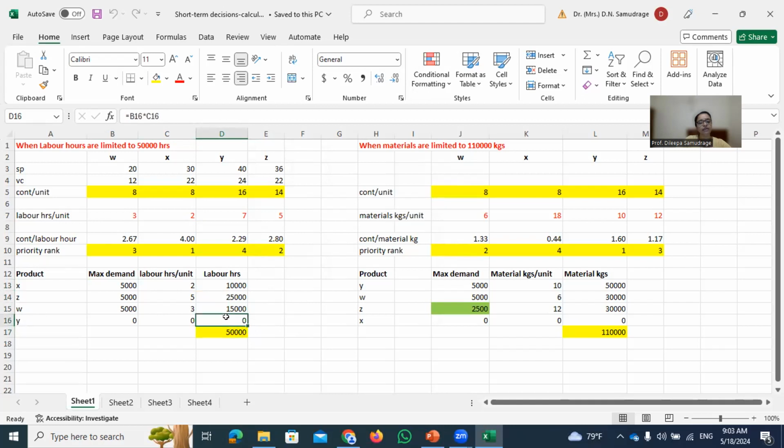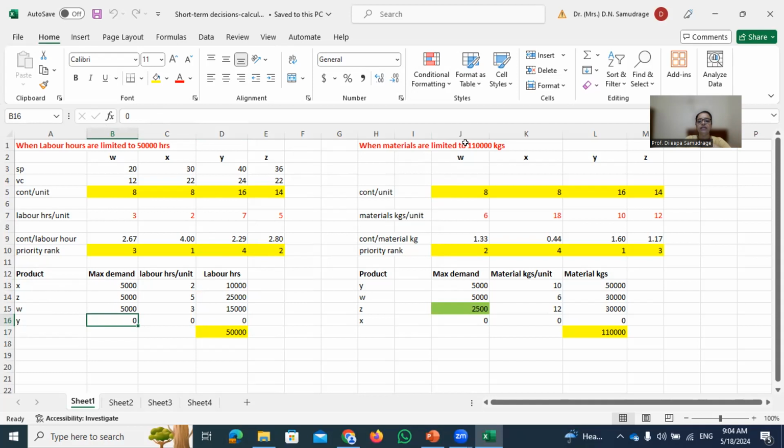So therefore, you cannot produce from Y. You have to write your answer like this: when labor hours are limited to 50,000 hours, our product mix will be X 5,000, Z 5,000, W 5,000, right? So that is the way you have to write. This is the first part.